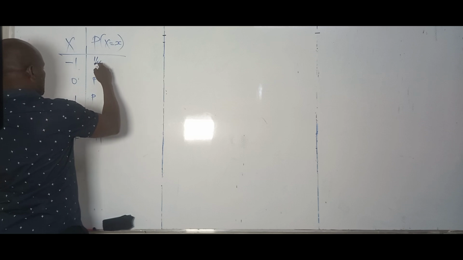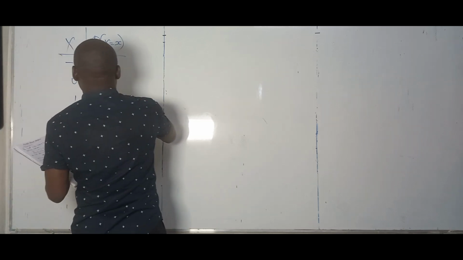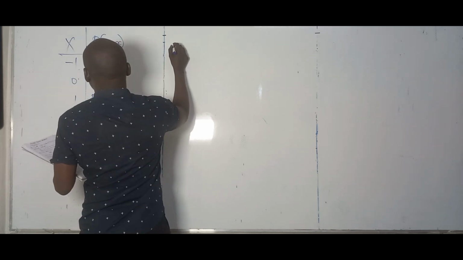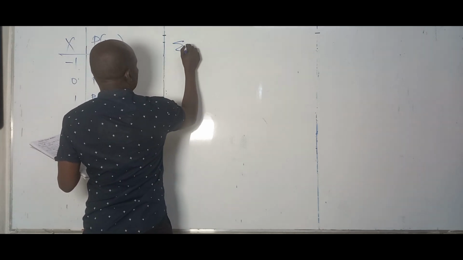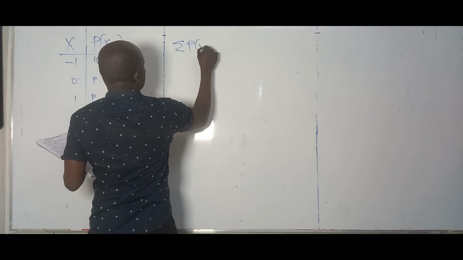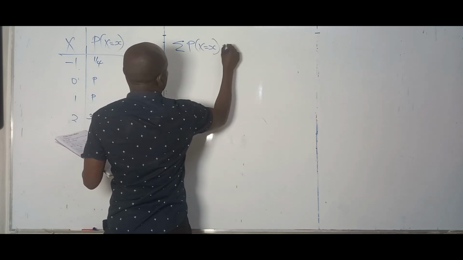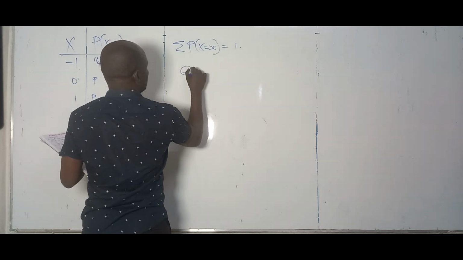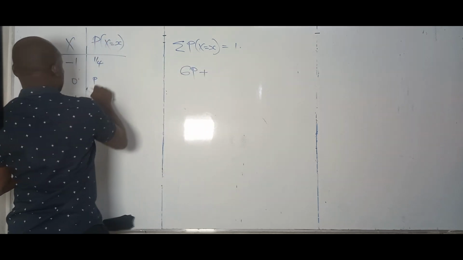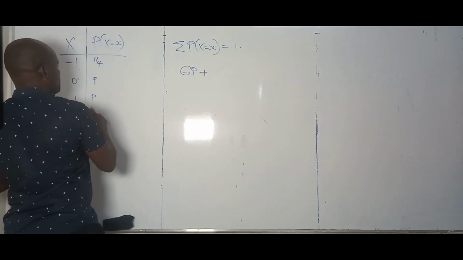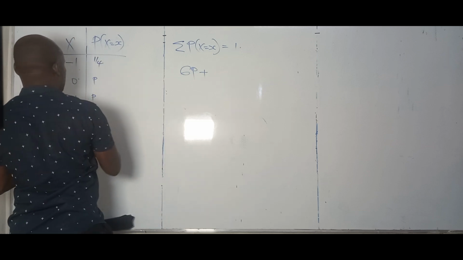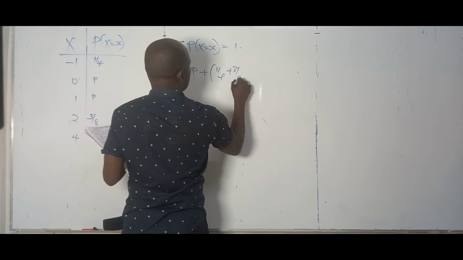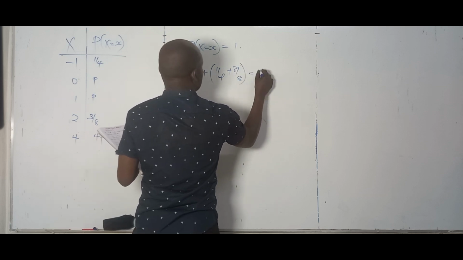So I have a quarter, then p plus p, that is 2p, plus 4p, that is 6p. So the summation of the probabilities should give me 1. Therefore, 6p plus a quarter plus 3 over 8 should give me 1.